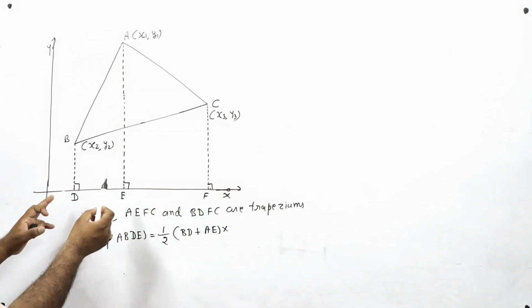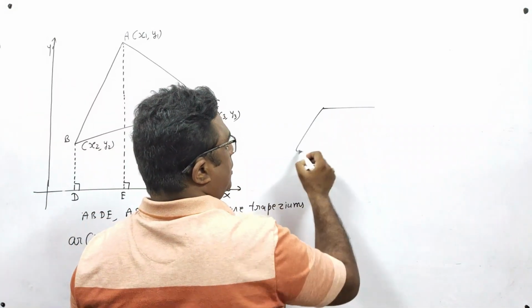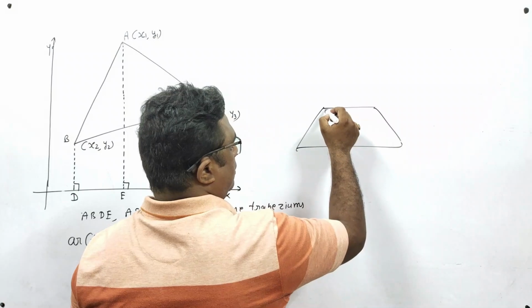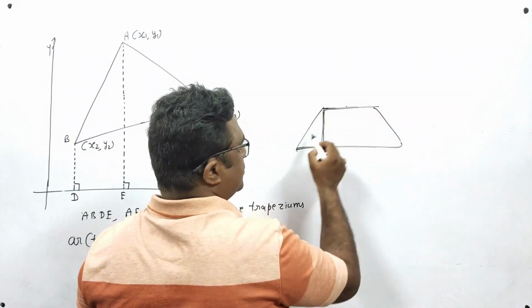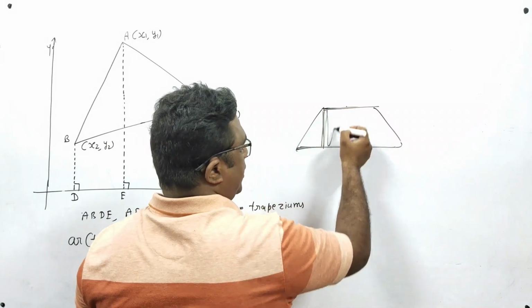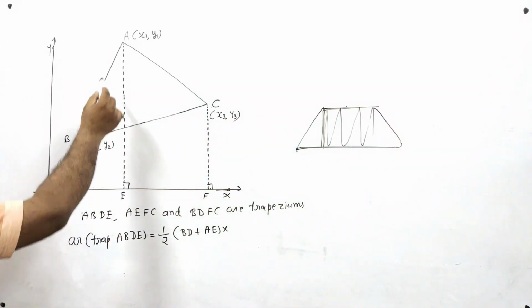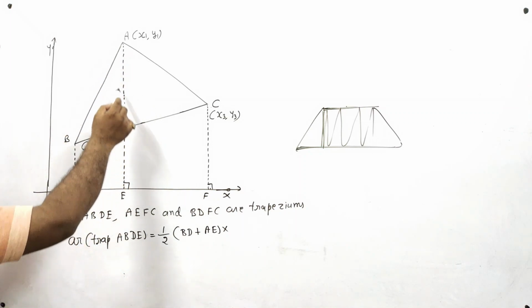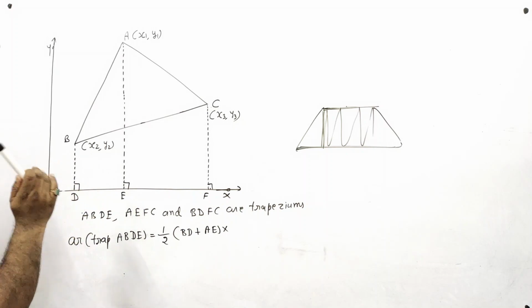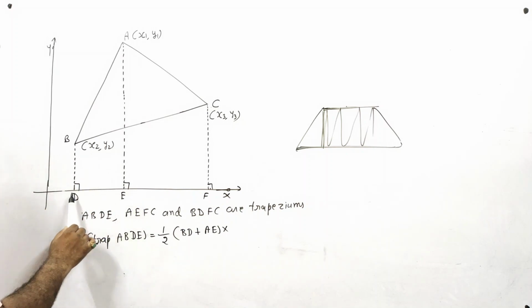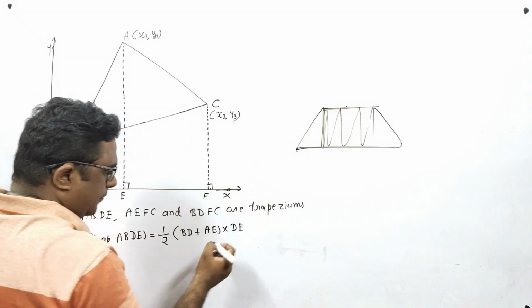And what will be the height? Actually, what is the meaning of height of a trapezium? Height means the displacement between the two parallel sides. This side is parallel to this side, then the displacement between these is called the height of the trapezium. So for this trapezium, BD and AE are the parallel sides, so DE can be considered as the height. So DE will come here.